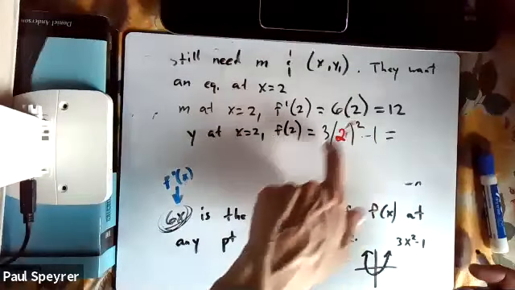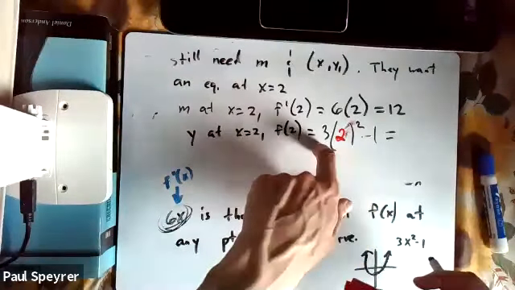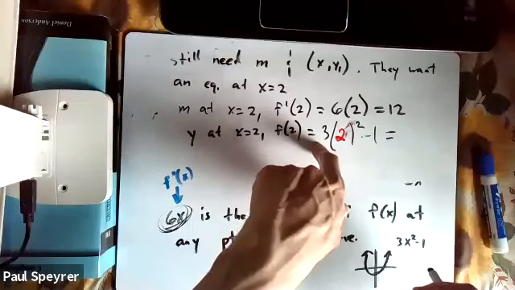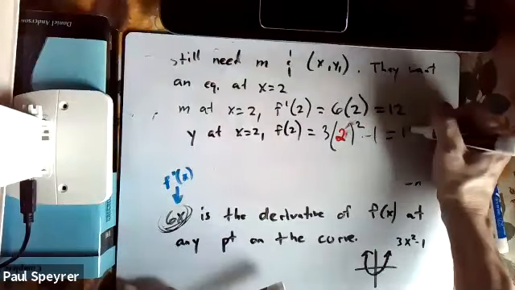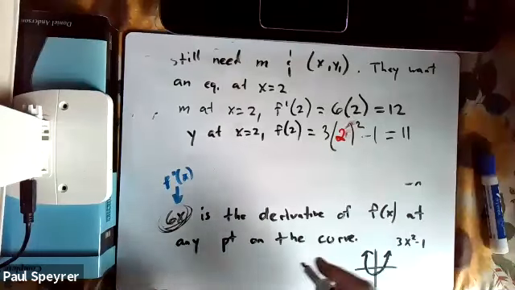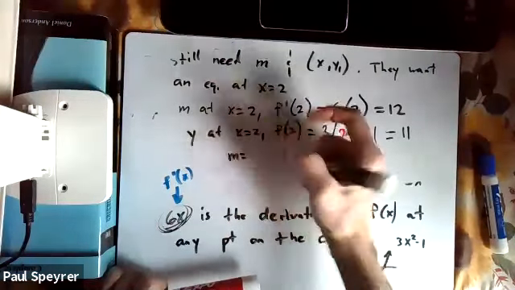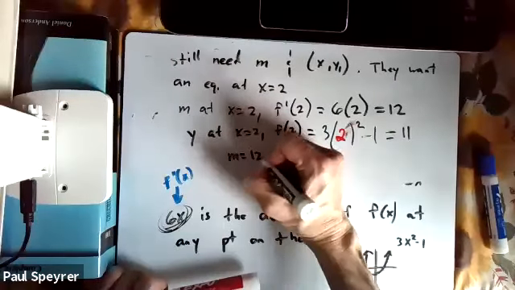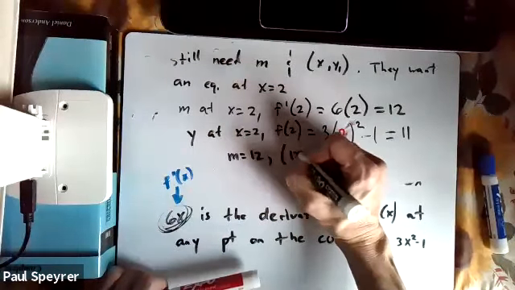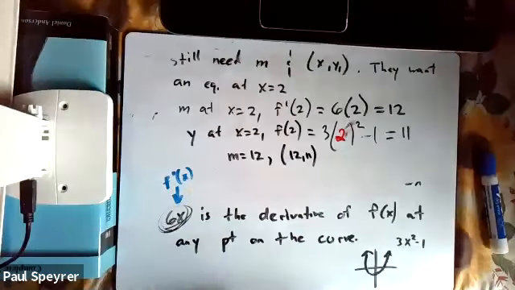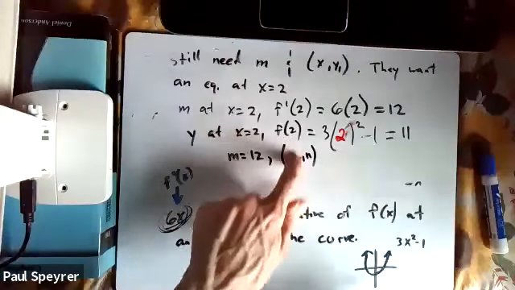You got to square it first, then multiply. So 4 times 3 is 12, right? Minus 1 is 11. So now we know that our slope is 12, and we have the point 2 comma 11.